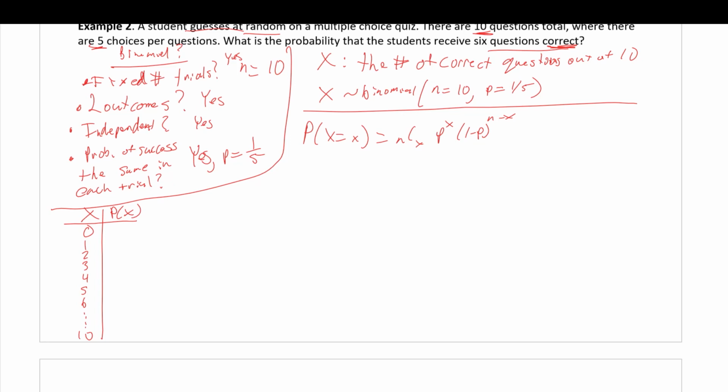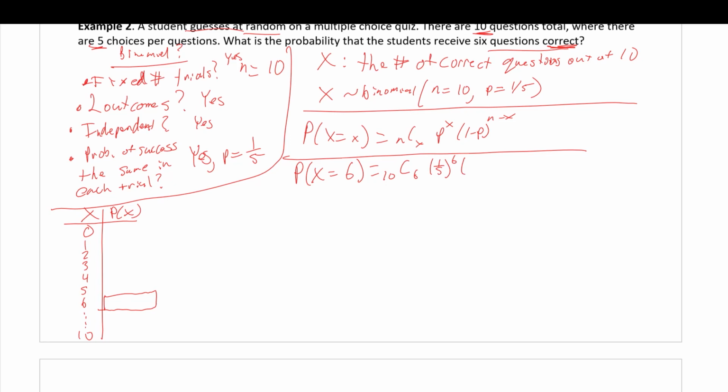So if I were to make a template for this, we're interested in coming up with this value here. They want the probability of x equals 6. Everywhere we see an n, we're going to put 10, so 10 combinations. x is 6. p is 1/5. x is again 6. 1 minus p, you can probably do that in your head.